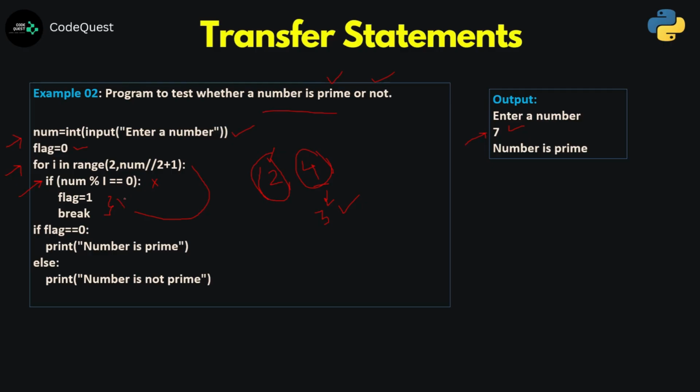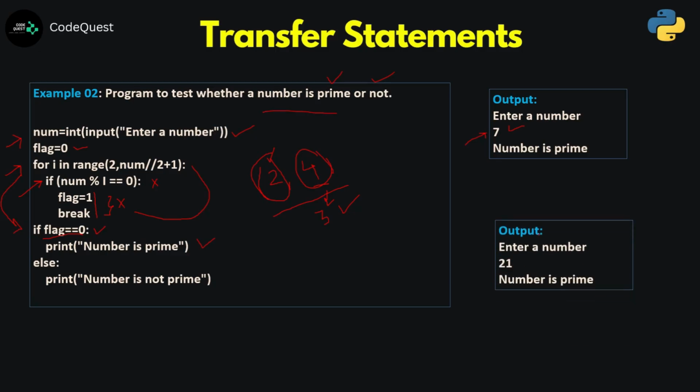Hence this will not execute. Now because we have come to the end of this for loop, when I come out of the for loop, I am just checking whether the flag value that I started initially as 0 is still 0. Yes, it is, because these statements are never executed. Hence flag still holds the value 0. Hence this condition gets satisfied and we say that 7 is a prime number.